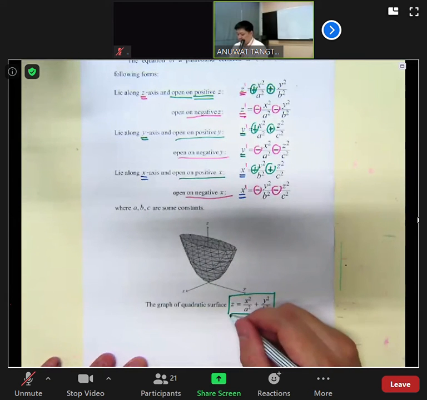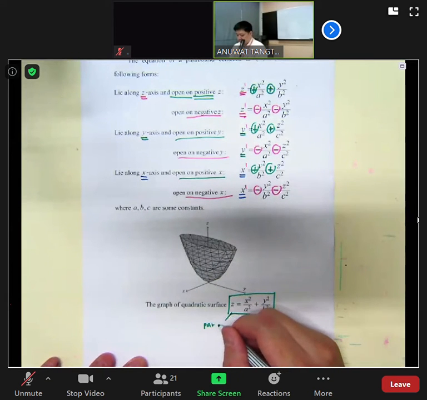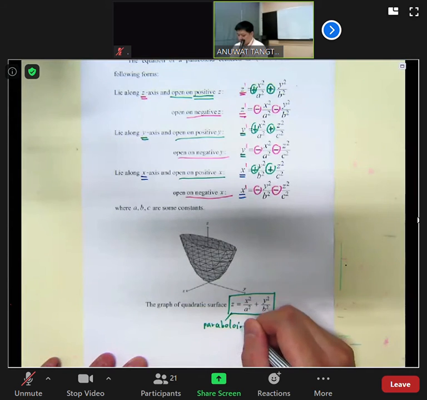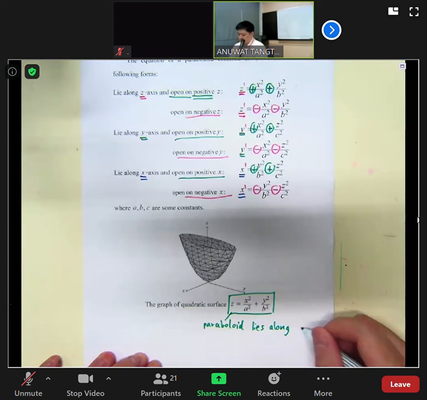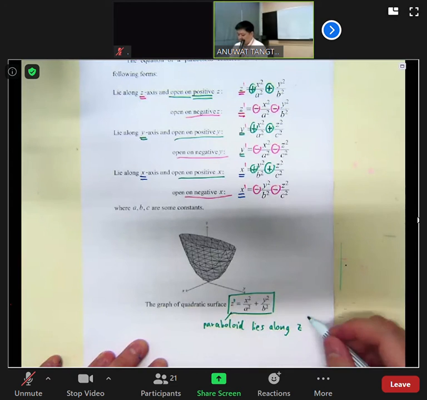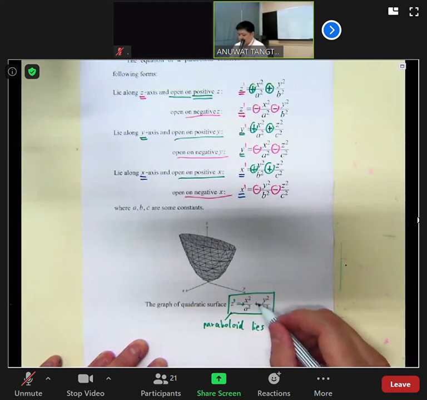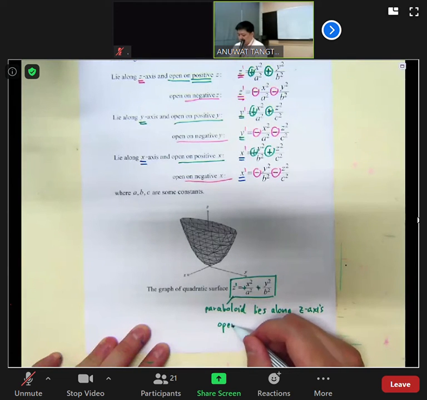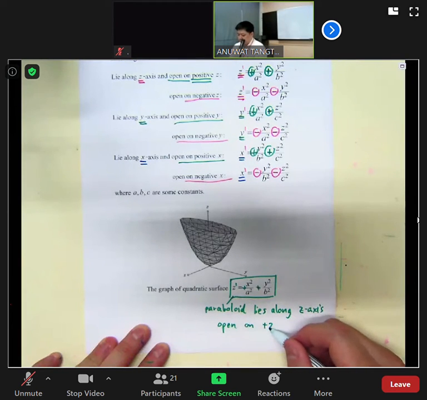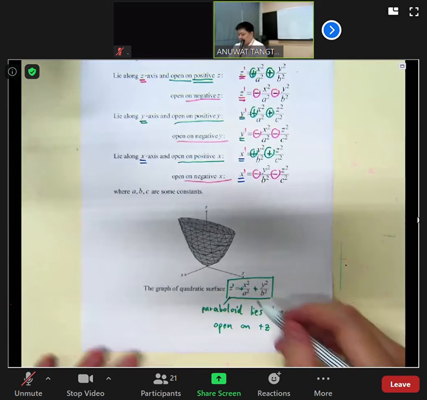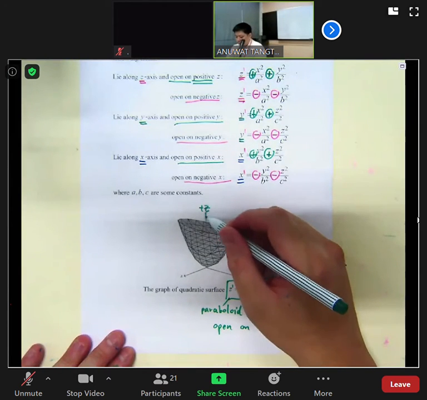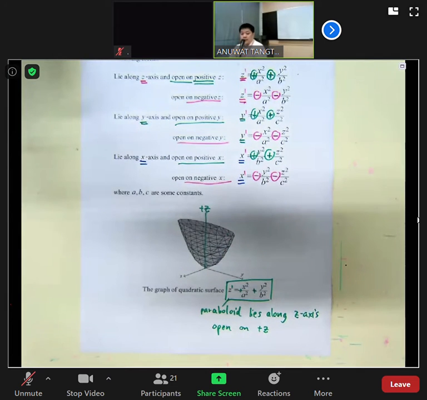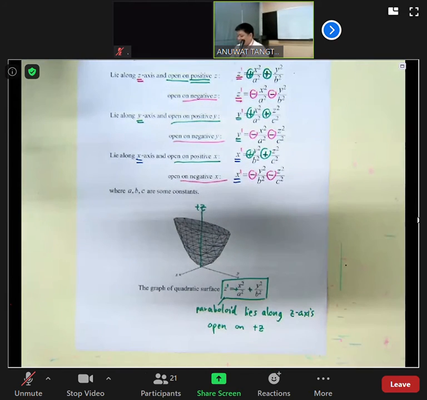It would be a paraboloid that lies along the z-axis because z has exponent 1. And since the signs are both positive, this one is open on positive z. So the graph comes out to be this. Here is positive z. The shape of the graph would be like this.